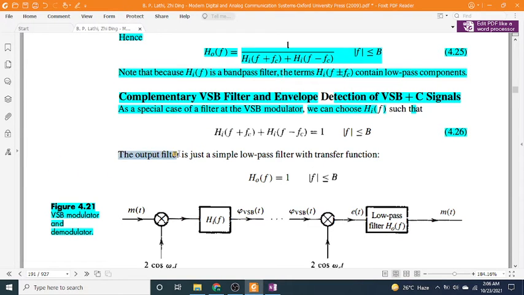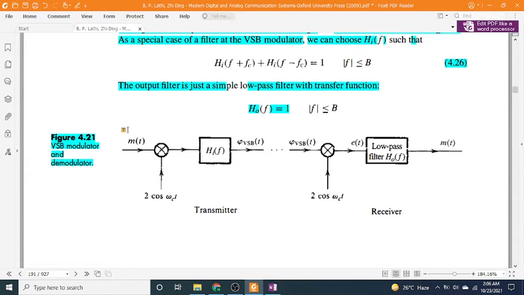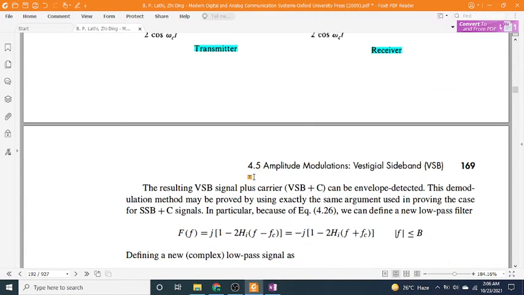The output filter is just a simple low-pass filter with transfer function H0(f) = 1. Transmitter: φ_VSB(t), e(t), m(t), low-pass filter H0(f), receiver. 4.5 Amplitude modulations, vestigial sideband, VSB, 169.